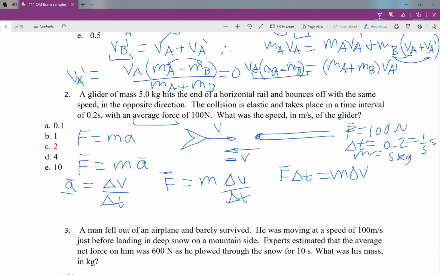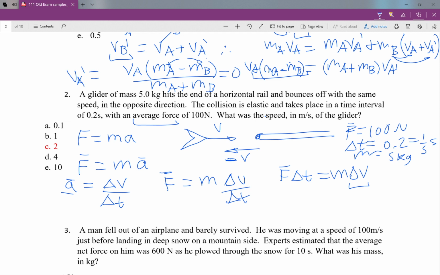We can already solve for this, but don't forget that the change in velocity will be 2 times the original velocity, because it bounces off with the same speed since the collision is elastic. The change in velocity is twice the velocity. We're looking for the magnitude, since we're looking for the speed.